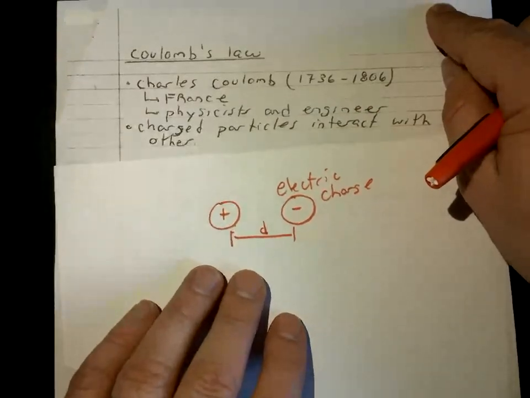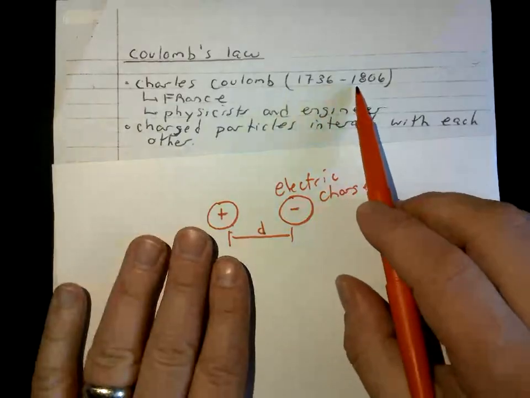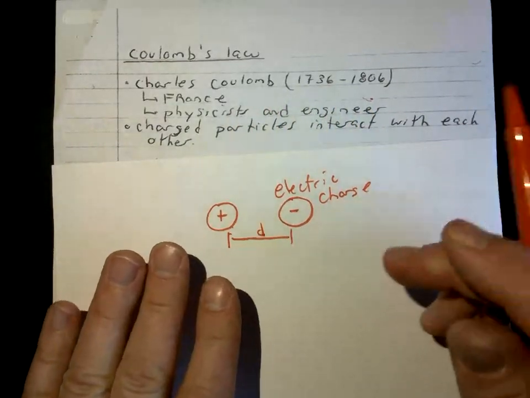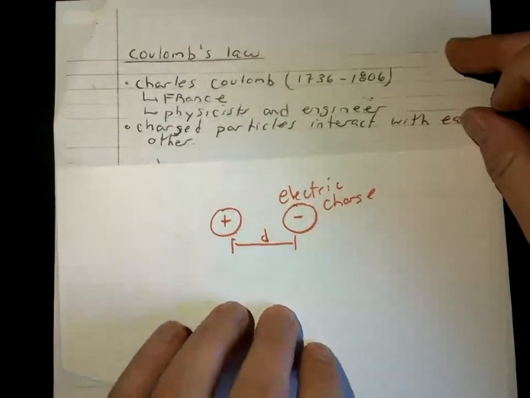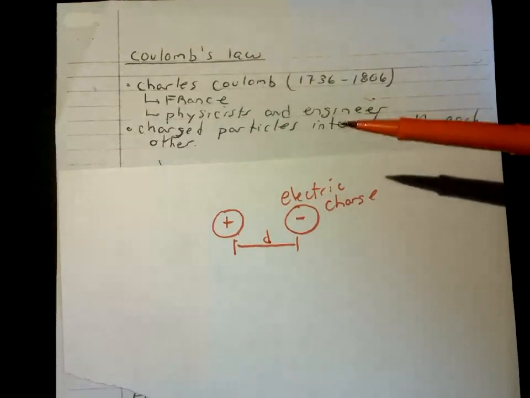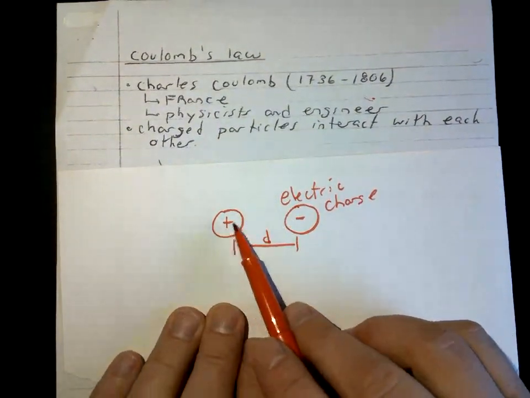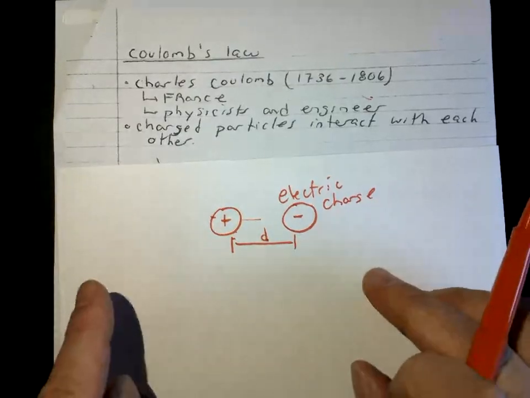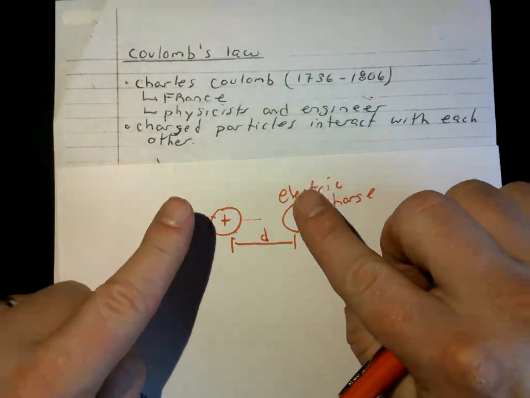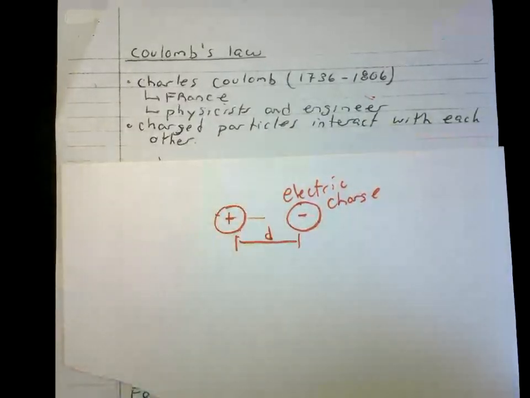A little bit about Coulomb: Charles Coulomb, about 1736 to 1806, was a French scientist, physicist, and engineer. He was interested in how charged particles interact with each other. You have two particles at some distance, and as they get closer to each other, depending on the charge, they might separate very fast.